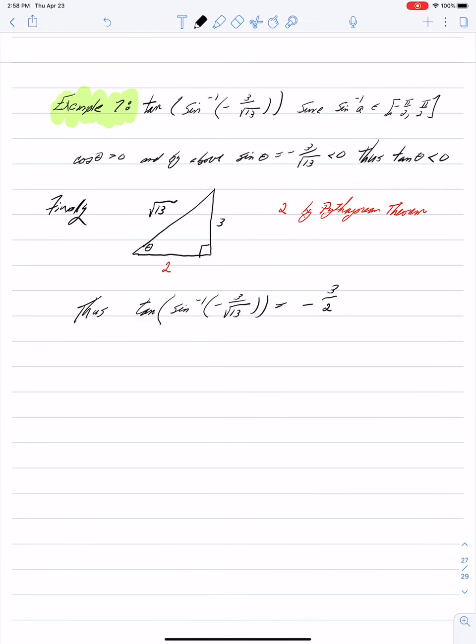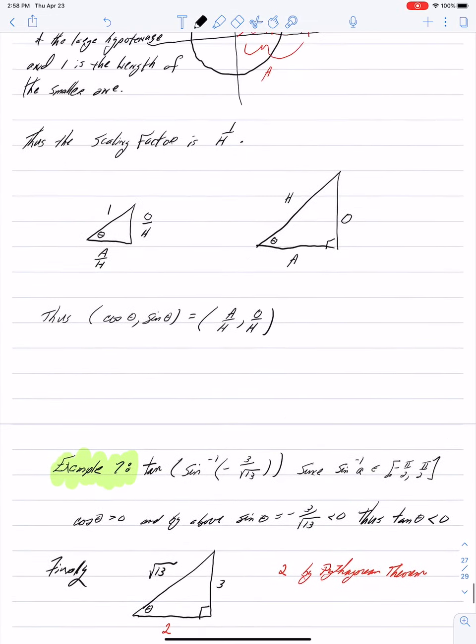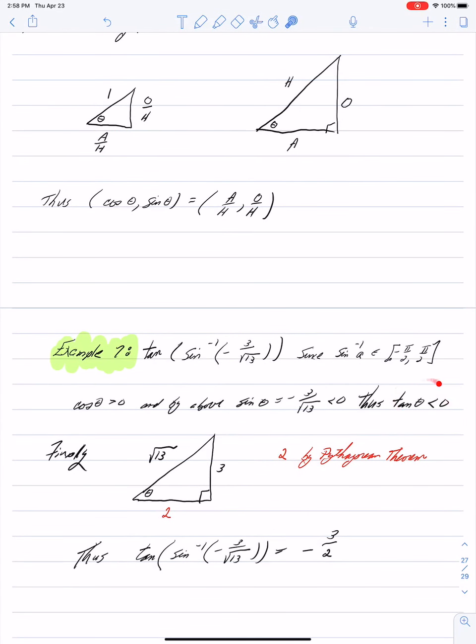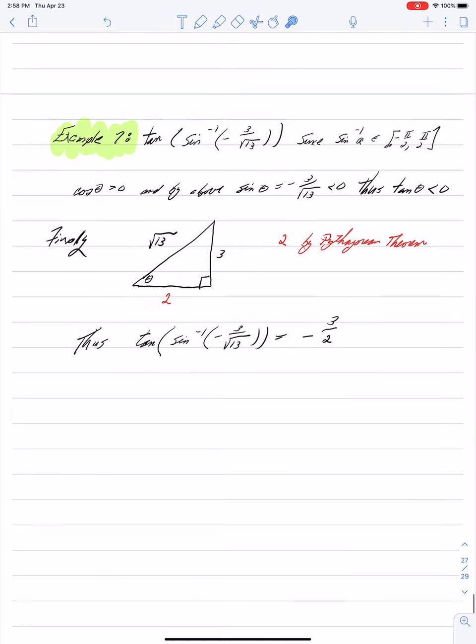And then remember way back up here, I argued that the tangent must be negative. So drawing a triangle ignores the signature, whether or not it's plus or minus. That's figured out ahead of time. I already figured out tangent has to be negative. So tangent is minus 3 over 2. And there you have it.